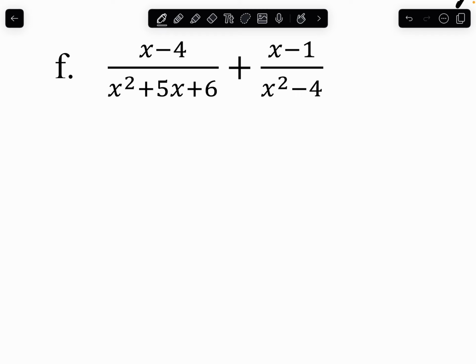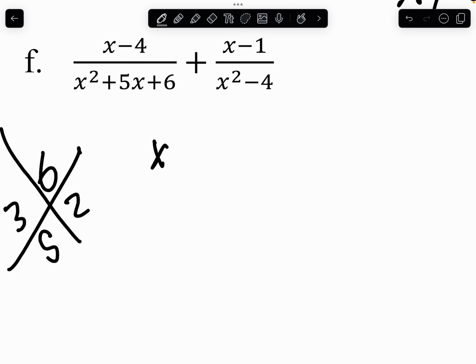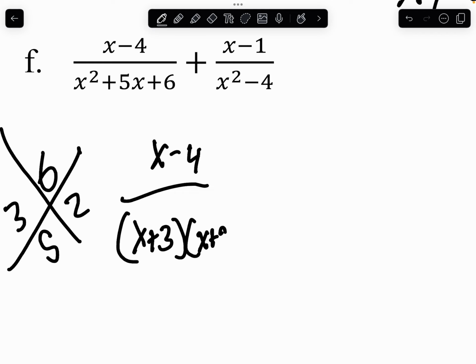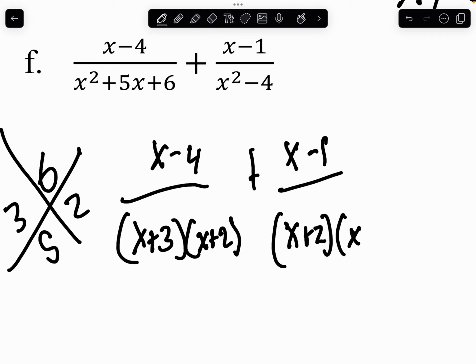Alright, so we're gonna have to factor this bottom left part first. So it's gonna be x minus 4 over x plus 3 over x plus 2 plus x minus 1, factor the bottom, to x plus 2 times x minus 2.